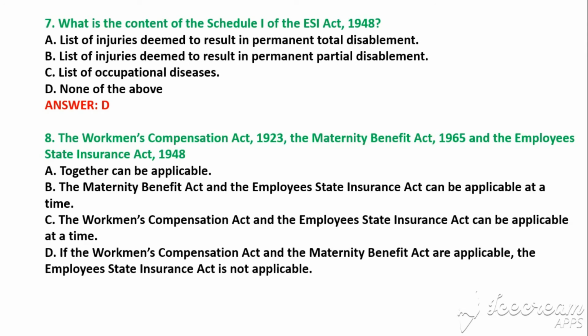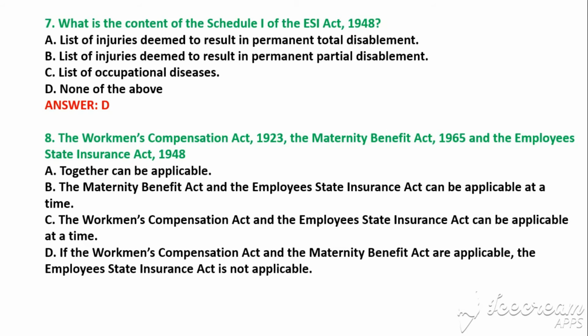Let's see the other options too. Third one is, the Workmen's Compensation Act and the Employees State Insurance Act can be applicable at a time. Is it so? No. The replacement of the Workmen's Compensation Act is the Employees State Insurance Act. Here, in some cases only the Workmen's Compensation Act is applicable.